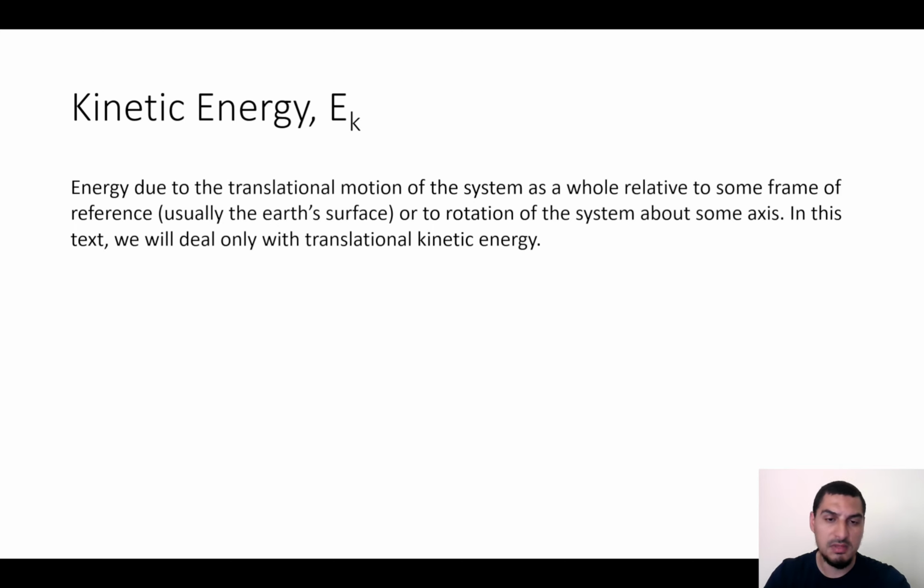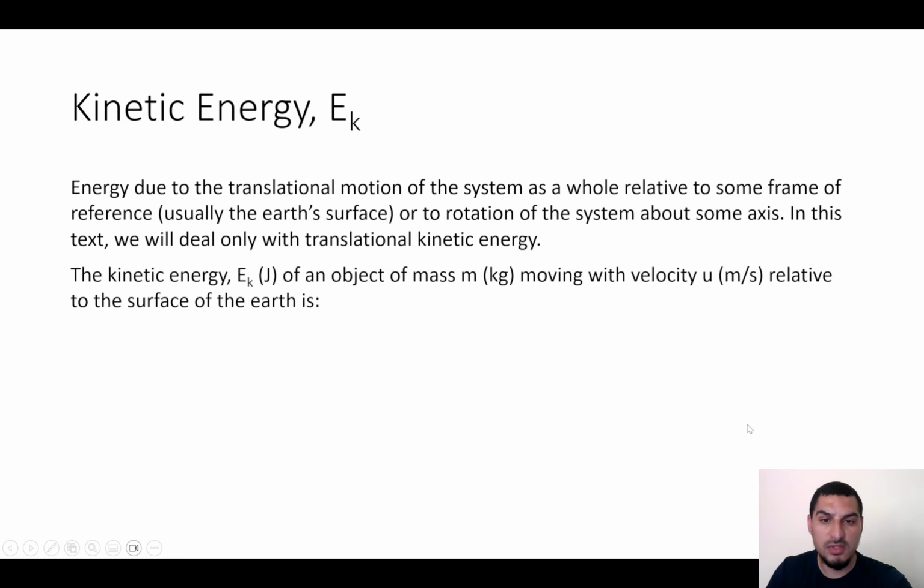So it's the one that we are interested in, and we calculate it using the very famous equation, half m v squared, or in this textbook we use the symbol u for the velocity. E sub k is the kinetic energy.